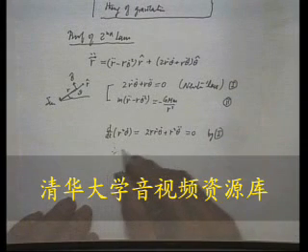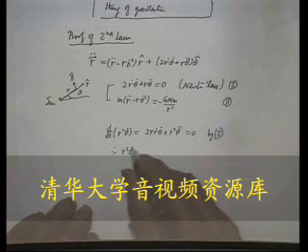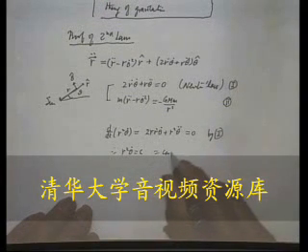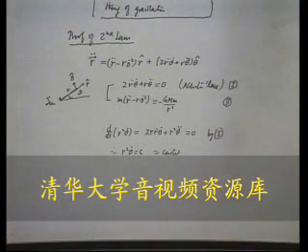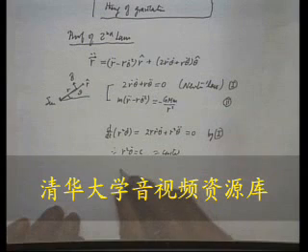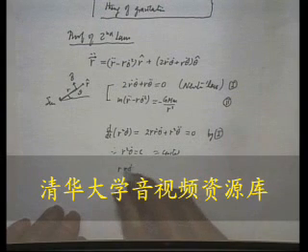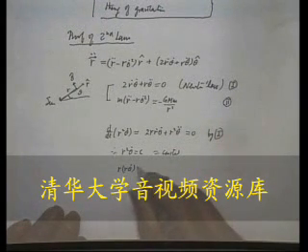Therefore, r squared theta dot is equal to a constant. r squared theta dot is equal to r times r theta dot, which is equal to a constant.